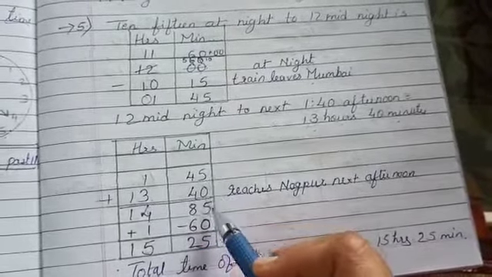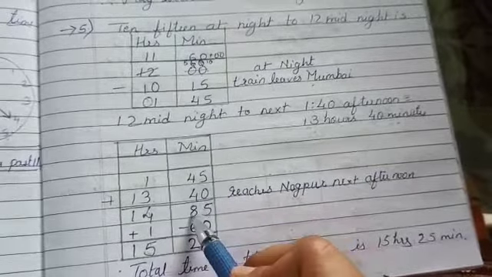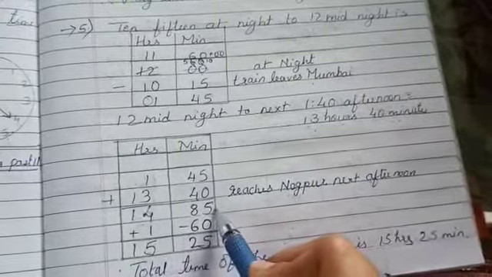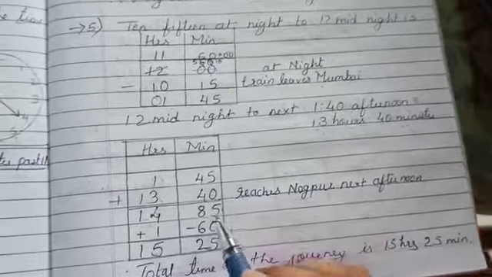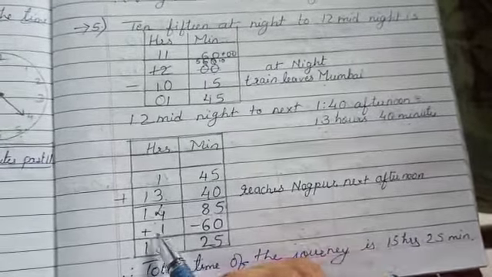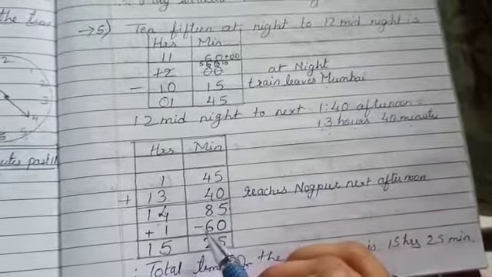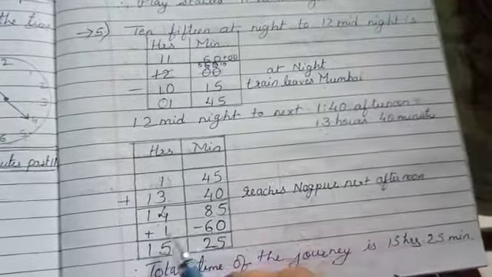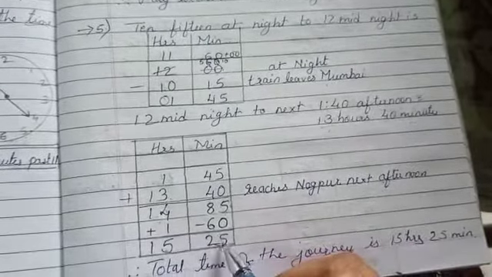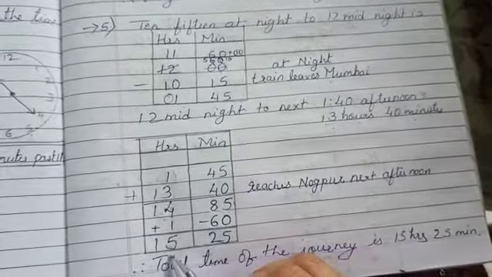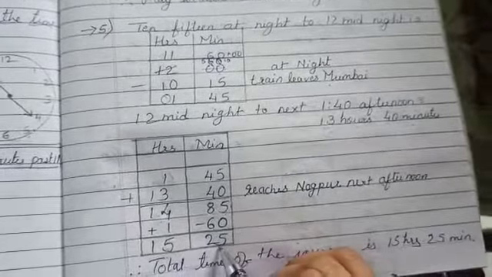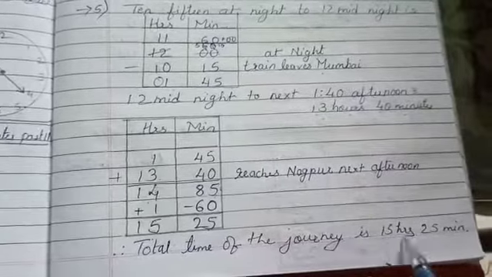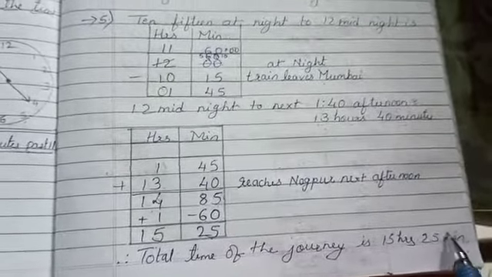So now let's do the plus. 5 plus 0 is 5, 4 plus 4 is 8, this 4 and this 1, so 14 hours and 85 minutes. So what we will do is minus 60 minutes and plus 1 hour, because 1 hour equals 60 minutes. In this way we have put a minus 60 here and plus 1 here. So what is the answer? 15 hours 25 minutes. Therefore you can write the total time of the journey is 15 hours 25 minutes.